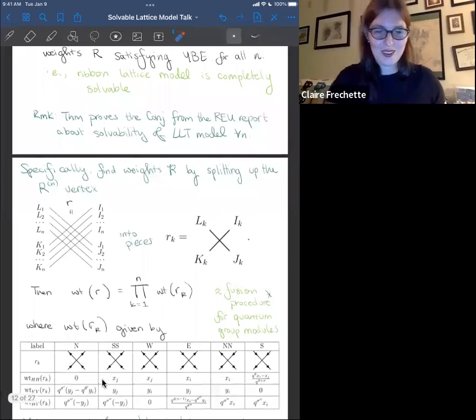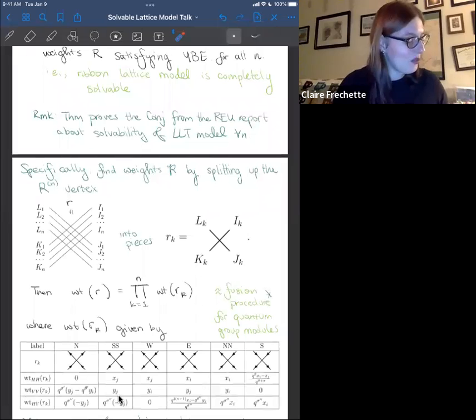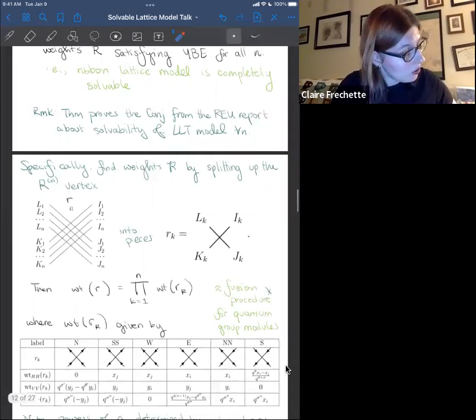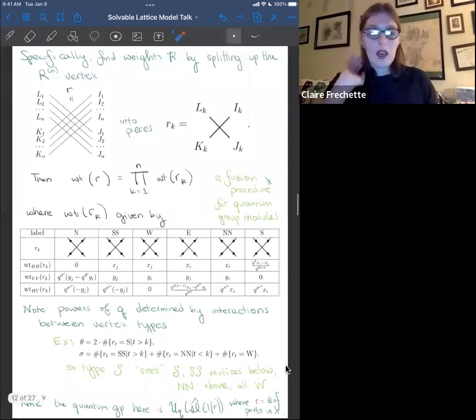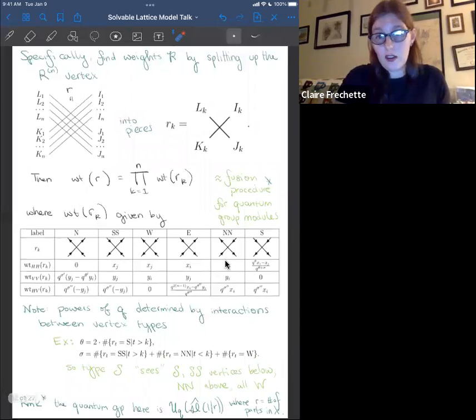I didn't make them so big, because I did want to fit all of them to show them to you, but we catalog our different types of vertices that can show up. And then we see that some of these weights are very nice.